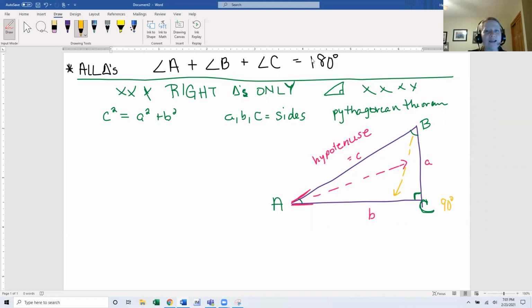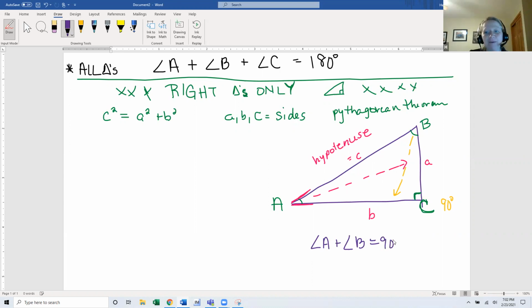So if the whole triangle is 180 degrees, that's angle A plus angle B plus angle C. If the whole thing is 180, 90 degrees of that is already used up by my angle C. That means I have a total of 90 left for A plus B, right? So I'll write that down here. Actually, let's switch back to a different color. Let's do here. So angle A plus angle B have to equal 90.